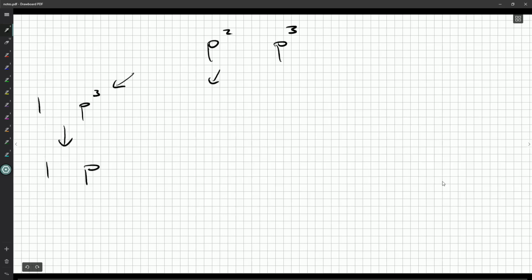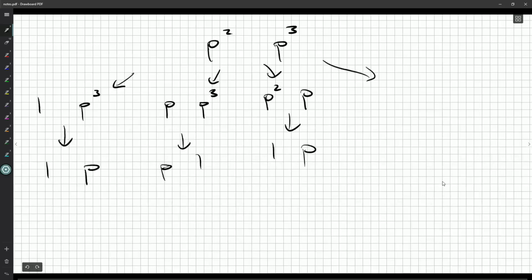I could do p cubed, and then they'd give me p1, because there's no way 1's already been played. They give me p squared p, and then I'll give them 1p, because there's no way 1 has already been played. I think that's about it. I guess you do p squared 1, but then p1, because p was never played. And you can't give p squared, because p squared has already been played.